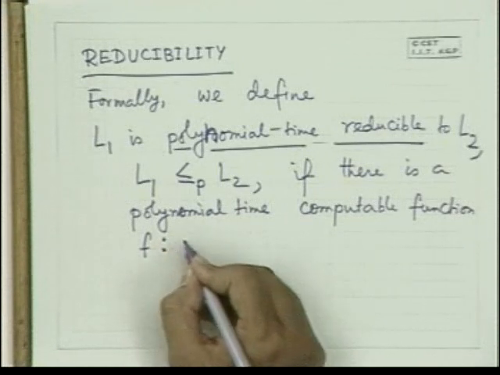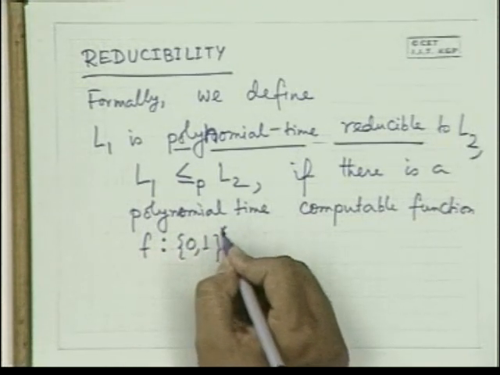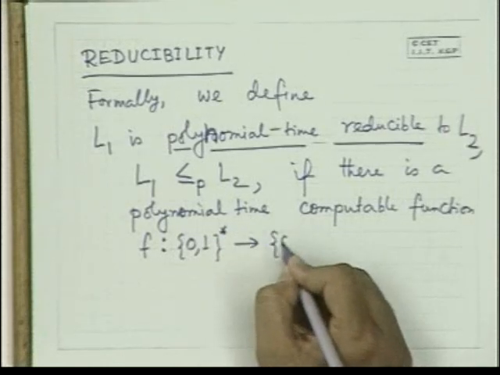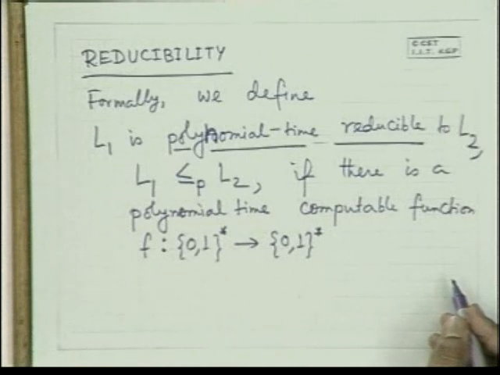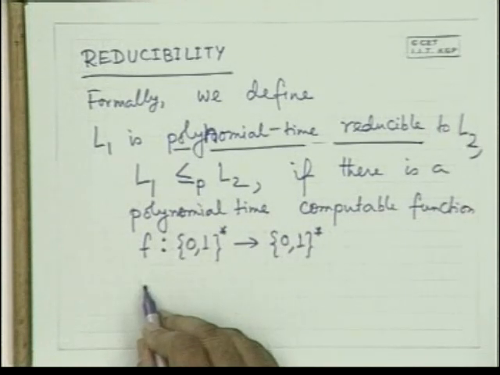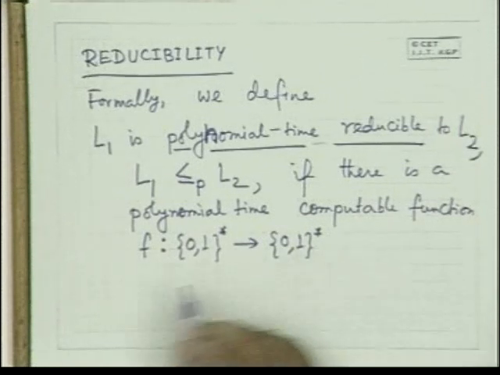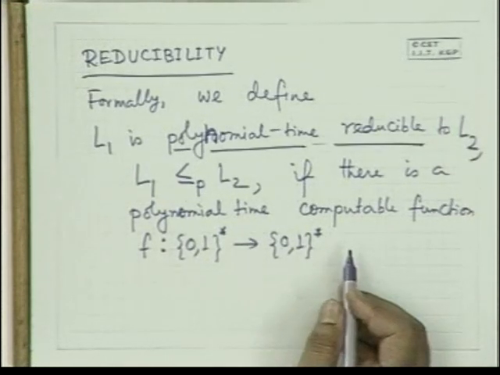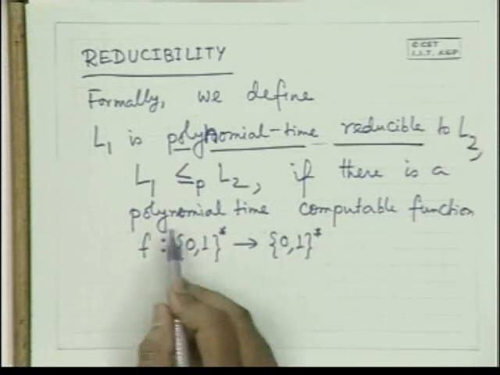And this function takes what? It takes a string from 0 1 star to a string in 0 1 star, because it will be mapping one instance to the other instance. One instance of the problem L1 to an instance of the problem denoted by L2. So this takes one string to another string. So this f is a function, but basically it is a transformation.